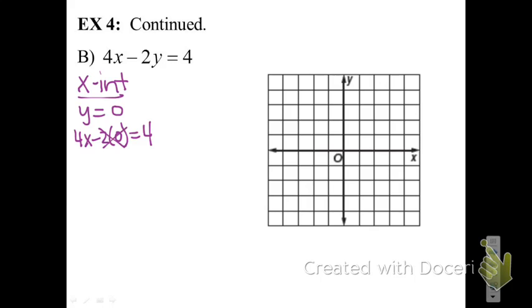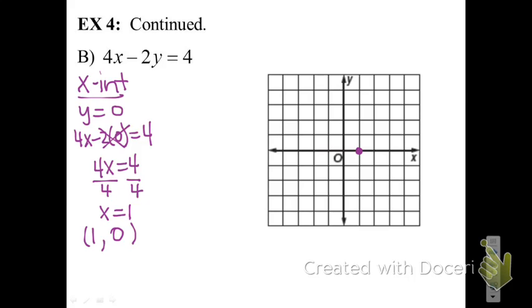And this part will eliminate, and you're left with 4x equals 4. From here, divide both sides by 4, and you're left with x equals 1. This also gives you an ordered pair at 1 when y is 0. We go over to graph that, and that says we go over 1, up 0.